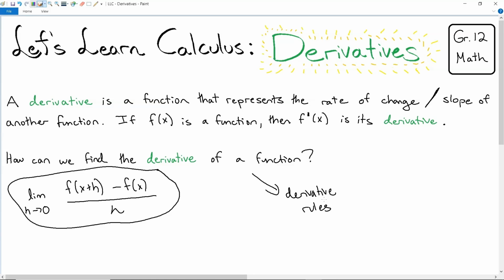If somebody asks you for a proof of a derivative, that most likely means that you're going to need to use this equation to show how we can derive the equation. But if you just need to quickly solve for a derivative, or in other words, f prime of x, we're going to follow some core derivative rules. And let's look at a couple of those right now.